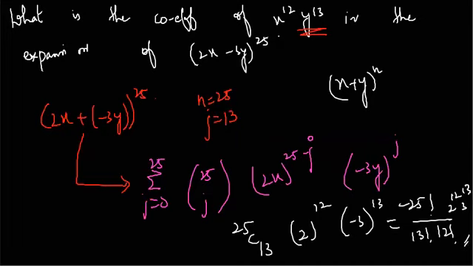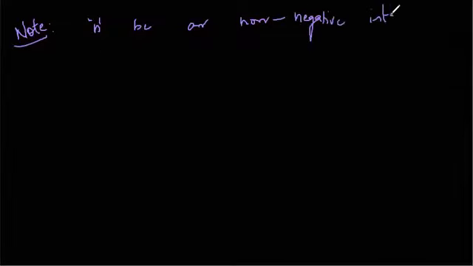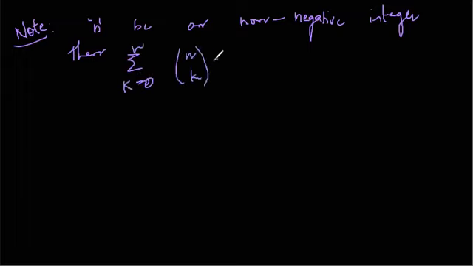So this is the solution for the coefficient. Now we have to look at some important formulas which we can remember. So now this can be written as a note. Suppose n is a non-negative integer, or a positive integer including 0, then the sum over k is equal to 0 to n of nCk is equivalent to 2 power n.